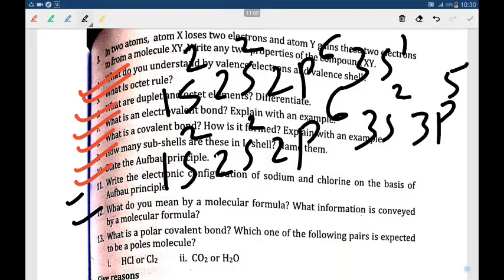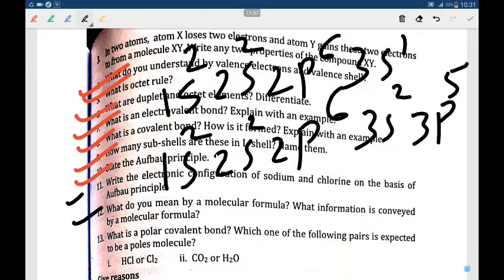The symbolic representation which shows the actual number of atoms in one molecule of a substance is called a molecular formula.